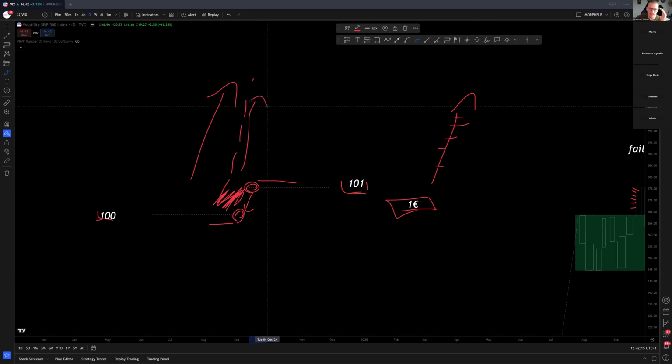When is the moment where markets are moving at the fastest? This is a question for you guys.